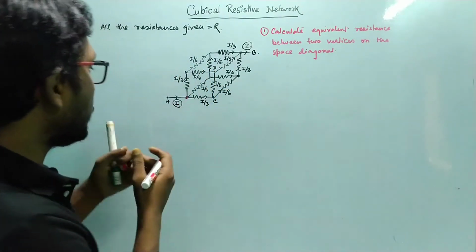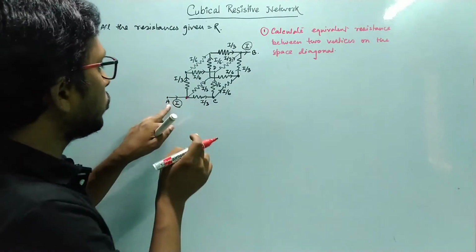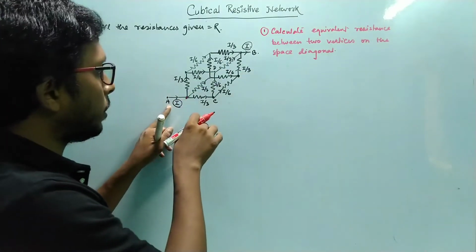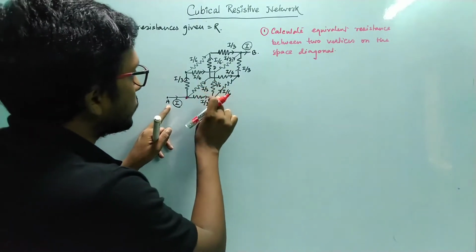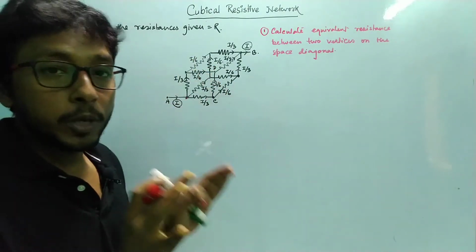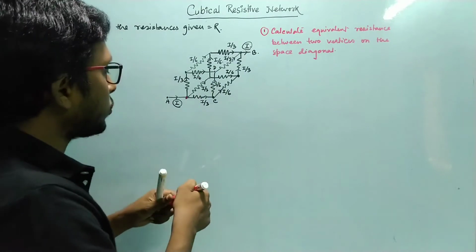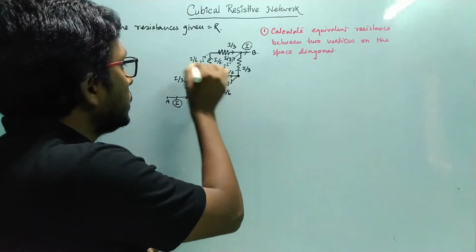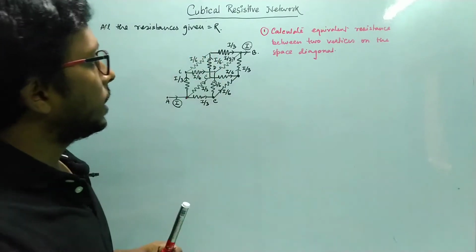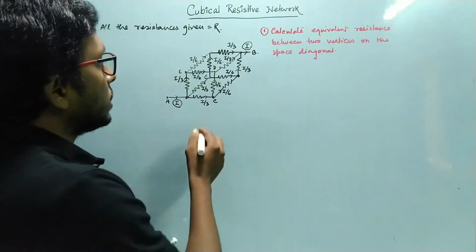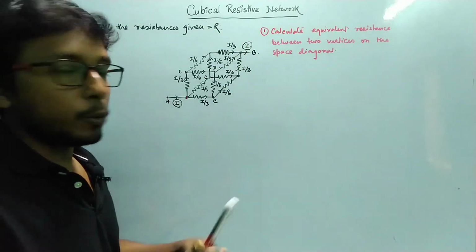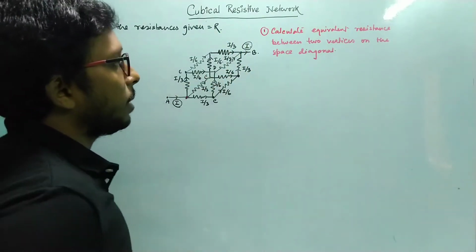So if there is a potential V at A, then after getting dropped a certain amount of potential, the potential of this point and this point must be equal. So as the potentials of these 3 points are equal, I am naming them C, C and C. In a similar way, you can say that these 3 points have the same potential. So again I am naming them.